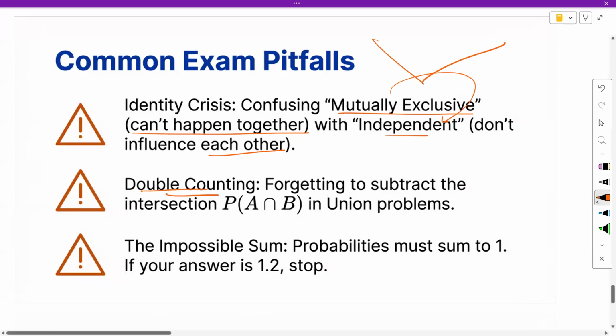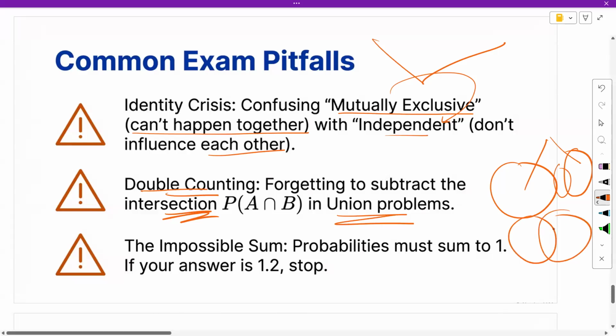Double counting: sometimes people double count. They forget to subtract the intersection, the common area, in the union problem. If they add together and forget to deduct the common area, when the common area is 0 there is no issue, no impact. But in this case there is a common area, and if they forget to deduct it, they will get a wrong answer.